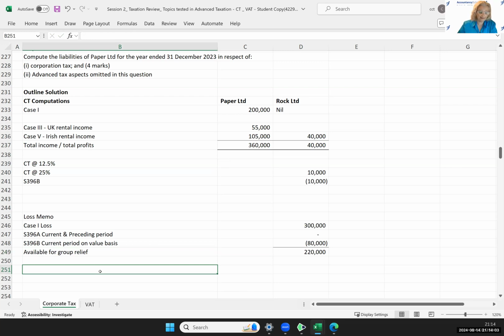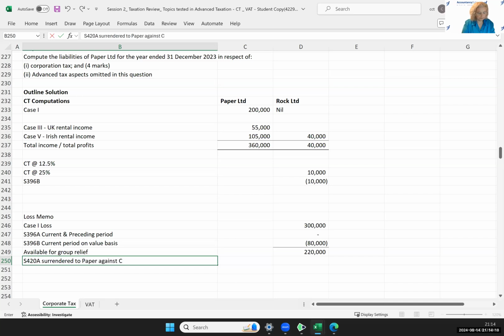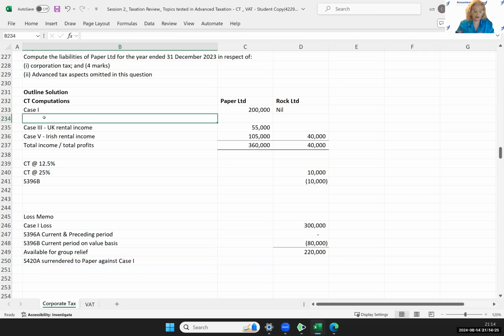How do we give that group relief? Section 420A. And I'm not going to bother writing in the current period only, because I've only got current periods.